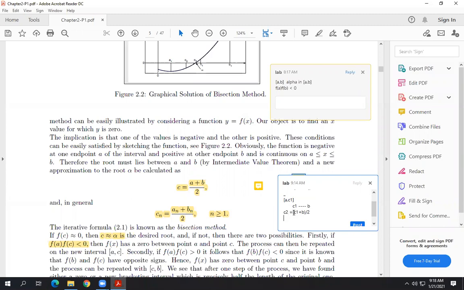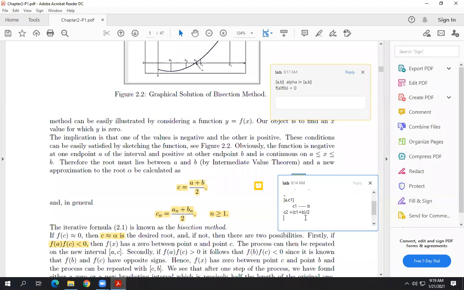Again 3: c1, b, and c2. Then we have to check again the signs. We get positive, negative, and positive. So we ignore the one that has the same sign and choose only the opposite signs here. You got my point? So when you have c2, then your interval is formed with c2.